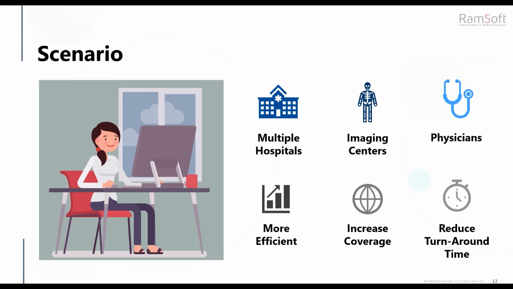All that time in the car, they're not reading cases, and that's an efficiency problem. So your vision is to become more efficient, right? Increase coverage, reduce turnaround time, serving patients much more quickly. Having this efficiency, you can also focus on increasing your client base by marketing outside of your present geographical location.